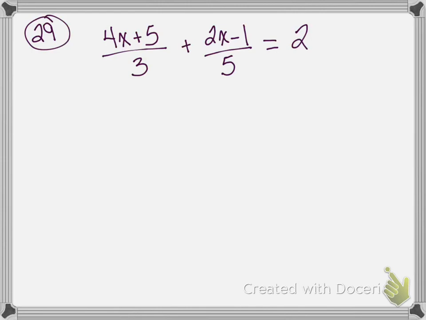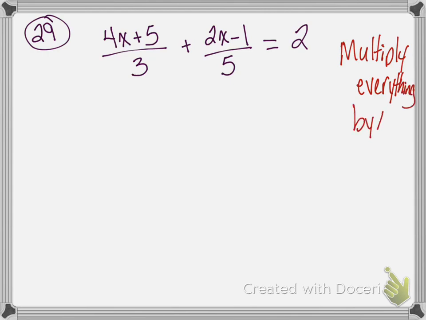Okay, now we are able to do this because we have an equal sign. The directions are solve, and we have an equal sign. That's why we are allowed to multiply everything by the LCD. That is the first step: multiply everything by the LCD.